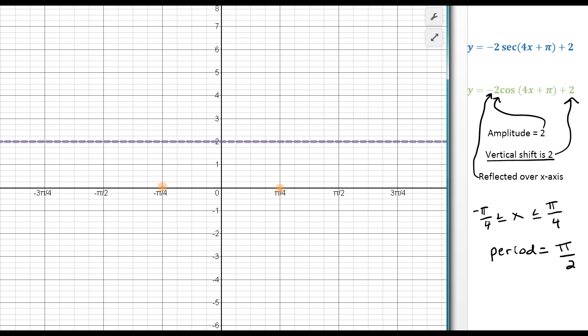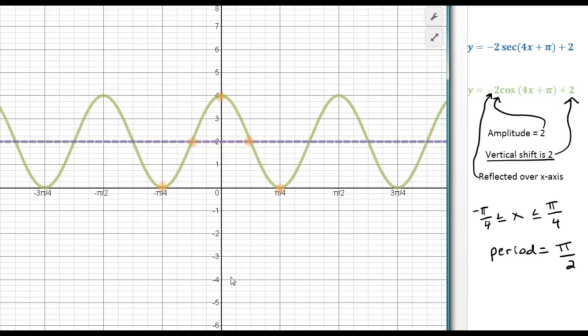I will go up to the top, which is 4 because it's 2 units above, and then halfway through I'm at my oscillating line, and halfway through I'm at my other oscillating line. So let's take a look at what the cosine function is going to look like. There you have the cosine function that corresponds to this equation right here.